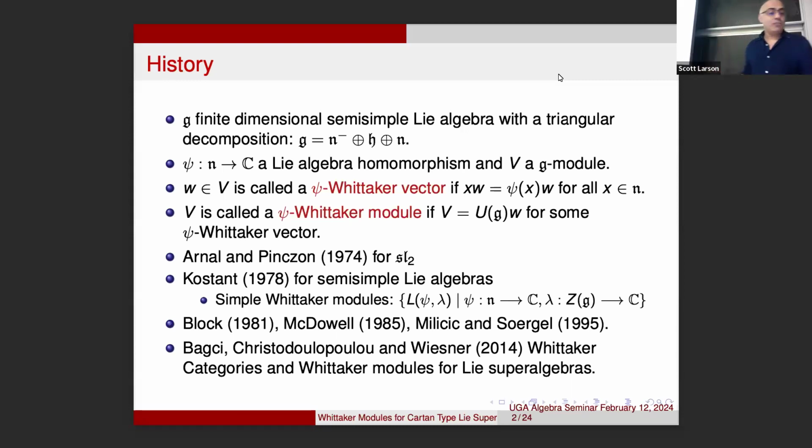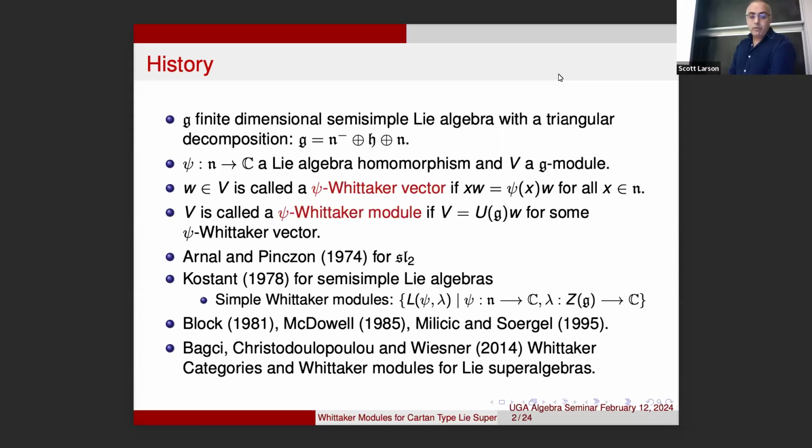They are infinite dimensional and they are non-weight modules. For SL2, that's the only case known where they can classify all the simple modules. So again, Whittaker modules are one of the types, and they are always infinite dimensional.